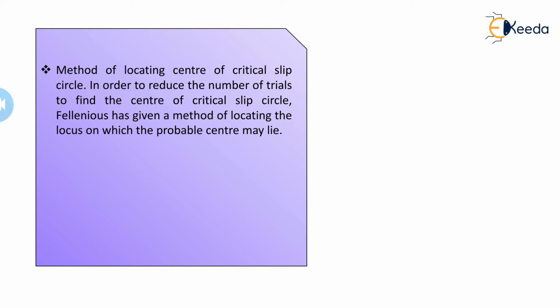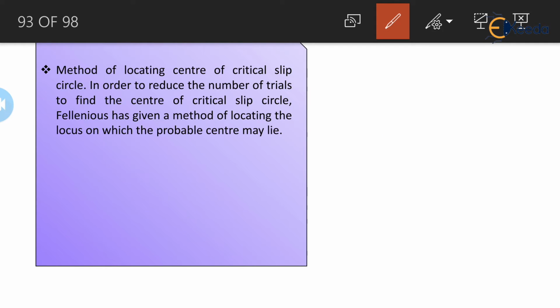So finally, how can we locate the center of a critical slip circle? Once we draw the slip circle, it is totally based on assumption. So here we also need to study a method to locate the center of a critical slip circle. In order to reduce the number of trials, because it depends upon the trial slip circle method, suppose this is the upstream and here we are drawing the slip circle.